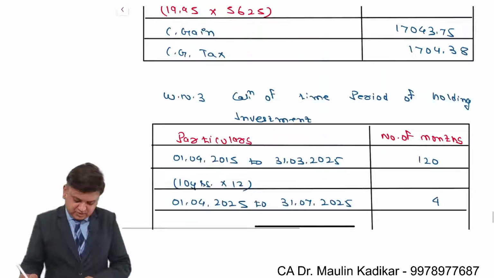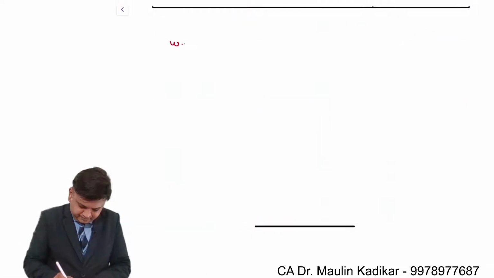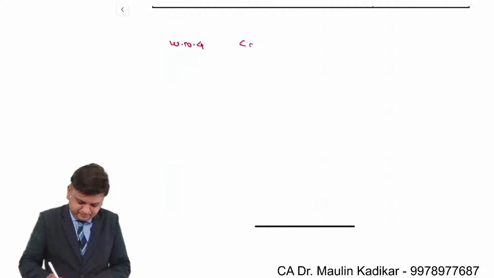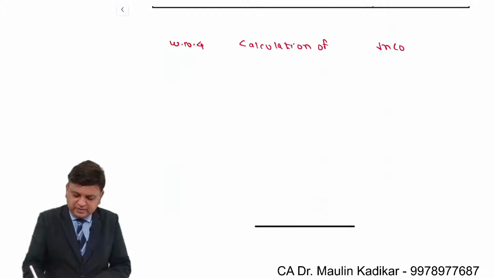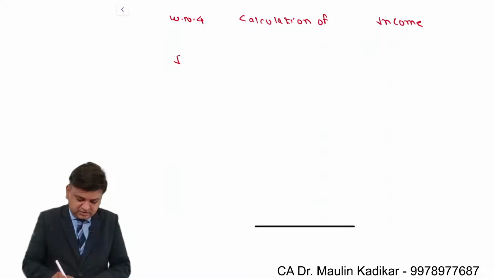So write down next working note number 4. Calculation of income. Let us see how to make the calculation of the answer. Column number 1 is particulars.